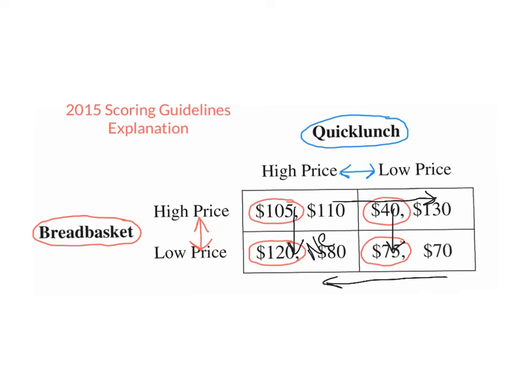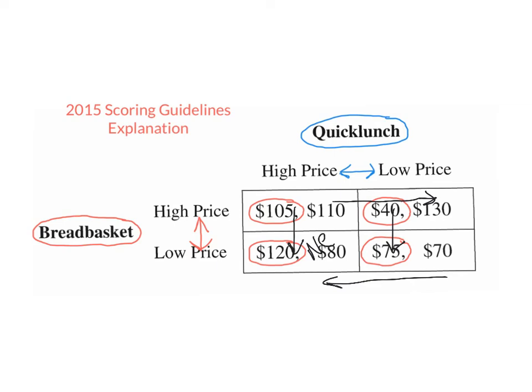The last part of the question reads as follows. The town government is concerned that food prices are too high. It decides to give a daily subsidy of $20 to any shop that chooses to set a low price for its food items. Redraw the payoff matrix under the government subsidy systems.